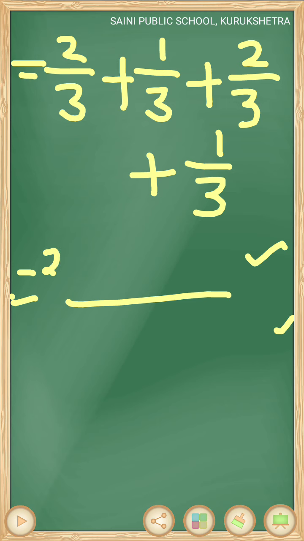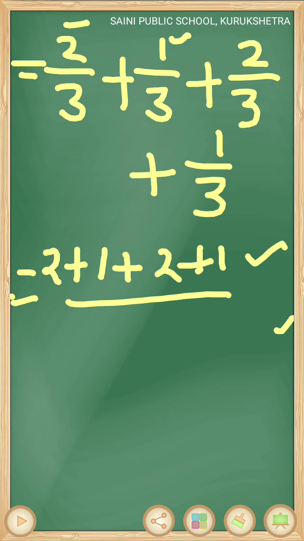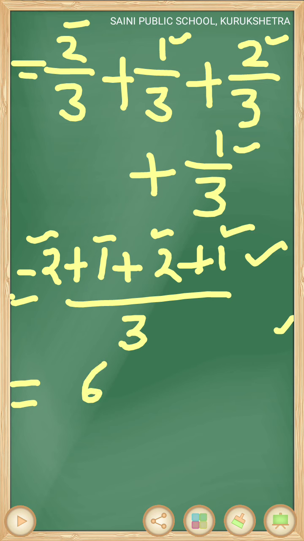In the numerator I will add all these numerators, 2 plus 1 plus 2 plus 1, and the denominators are the same, so I will write the same denominator. Now what will be the answer? 2 plus 1 is 3, 3 plus 2 is 5, 5 plus 1 is 6. So the answer will become 6 by 3.